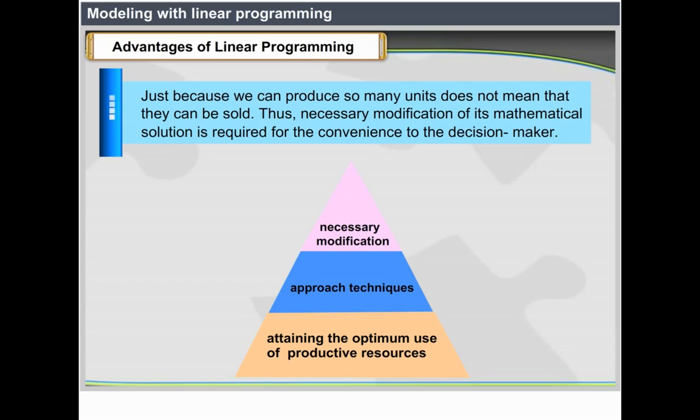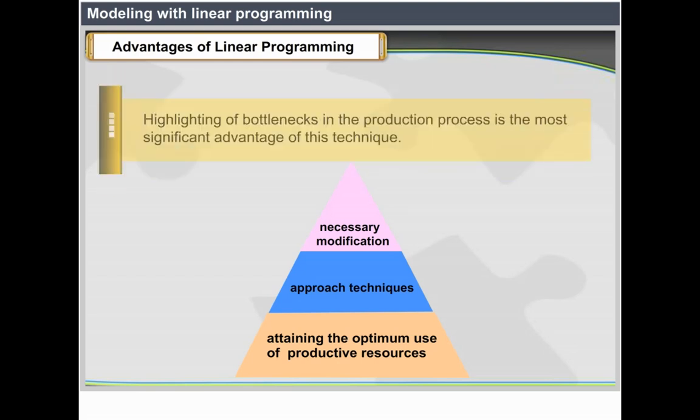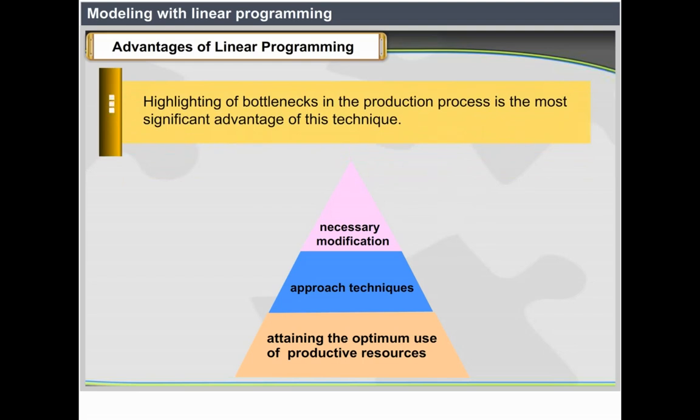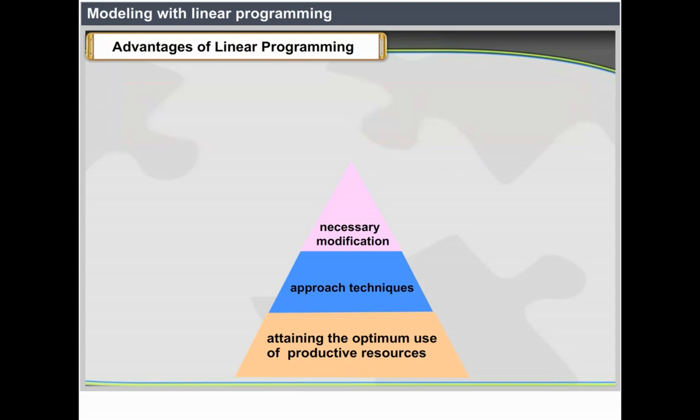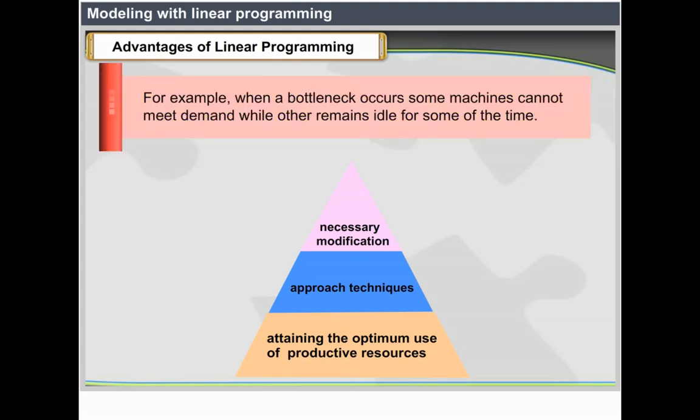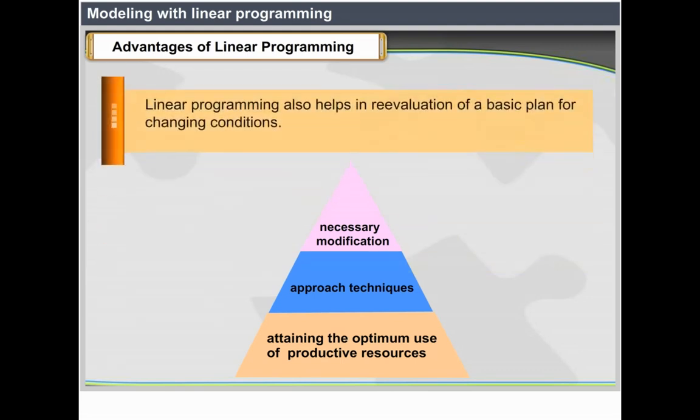Thus, necessary modification of its mathematical solution is required for the convenience of the decision maker. Highlighting of bottlenecks in the production process is the most significant advantage of this technique. For example, when a bottleneck occurs, some machines cannot meet demand while others remain idle for some of the time.